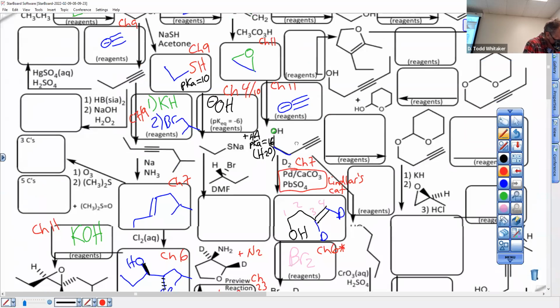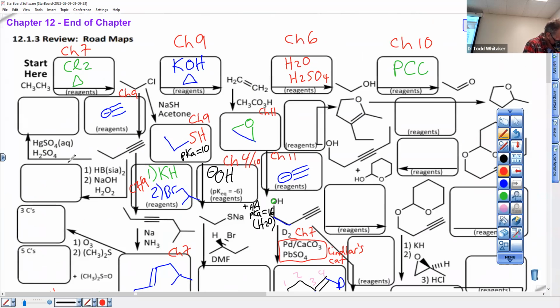Okay, big roadmap, big roadmap. We never did alkyne, terminal alkyne, becoming something. You make an enol on the more substituted carbon, and then it undergoes that fancy word, tautomerization to a ketone.